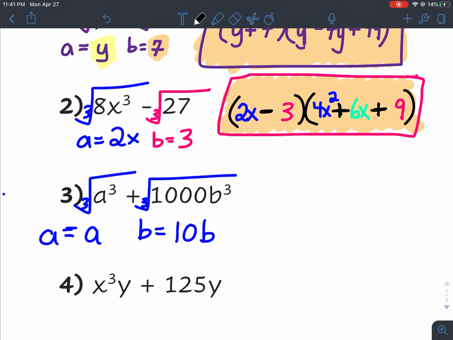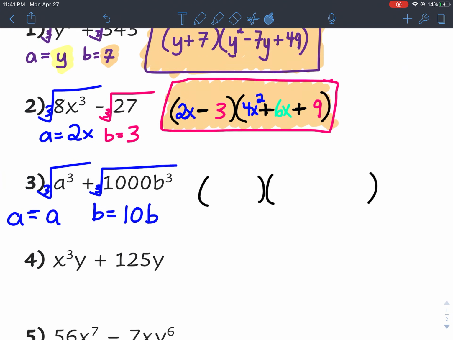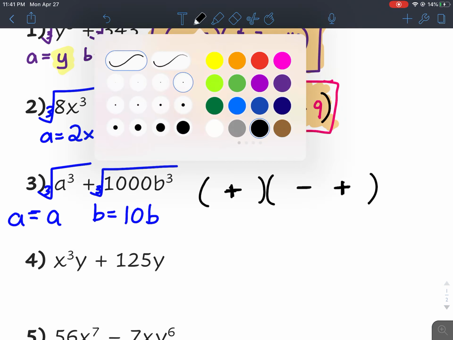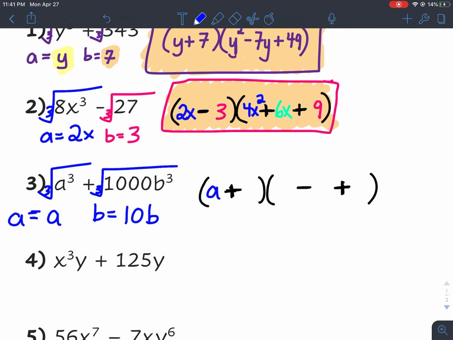Okay, so let's draw out our binomial times our trinomial. Then same sign, so it's addition, because the original problem was addition. Opposite sign, so that would be subtraction, and then the last one's always plus. Okay, so our first one is always whatever A is.